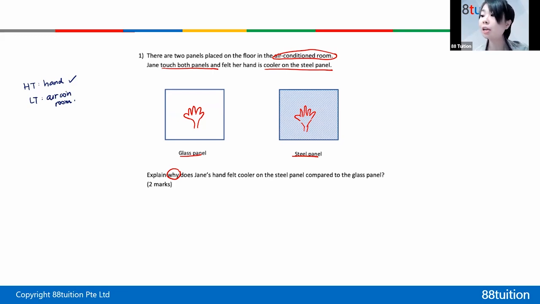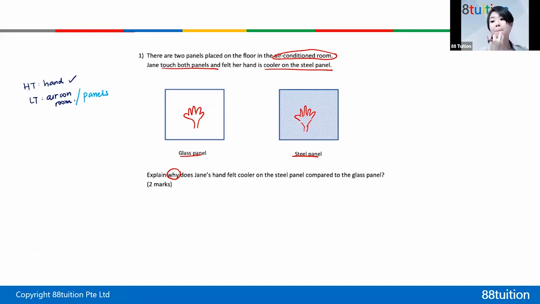Look at the experiment very carefully. What is the region of lower temperature, Raphael? The region of low temperature is the panels. We have another option here.